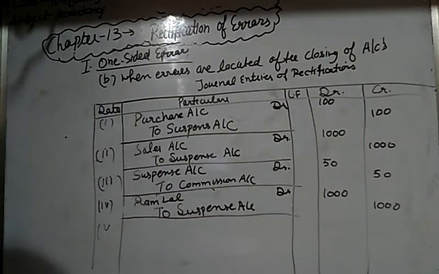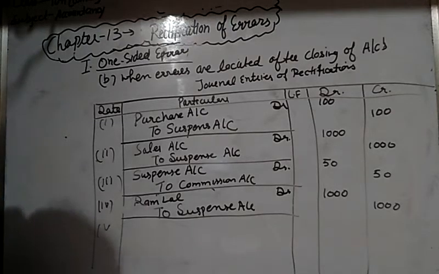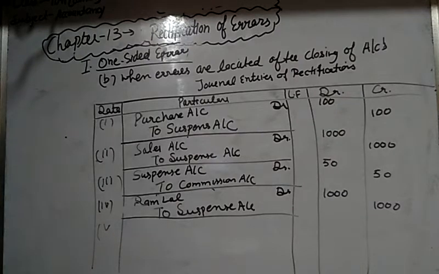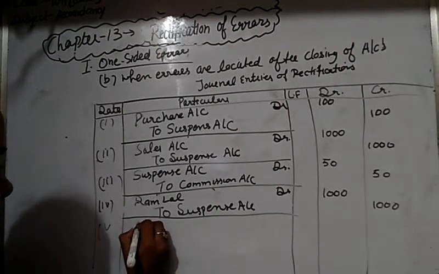Next fifth is ₹500 received from Manoj Chawla were posted to debit side of his account. So Manoj Chawla account was debited in place of credited. So we debit Manoj Chawla account.